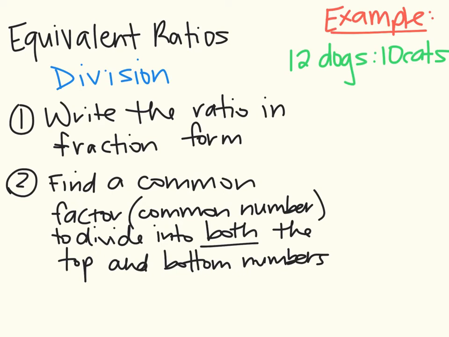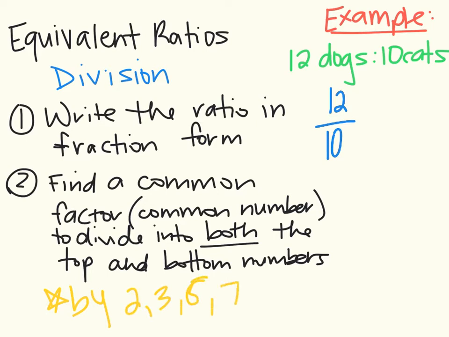So let's take a look. For example, we have 12 dogs to 10 cats. So first step is to write that in fraction form. And then I'm going to look at 12 and 10. Remember I talked about your common numbers that you'll divide by. So you could divide by 2, 3, 5, 7. I would always start with the smallest number, so I would start with the number 2.